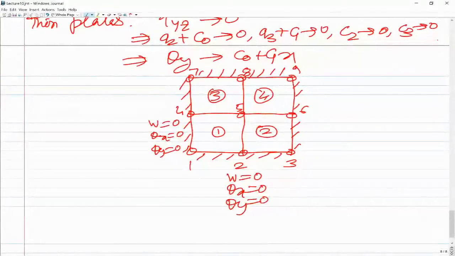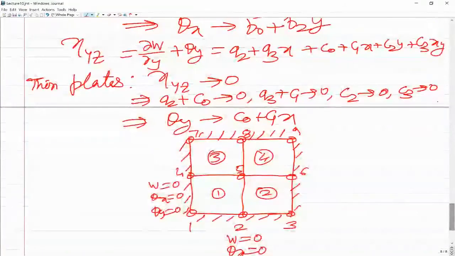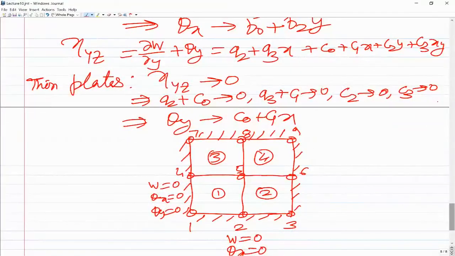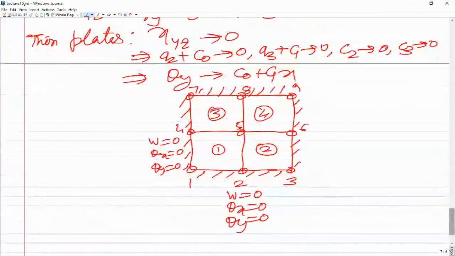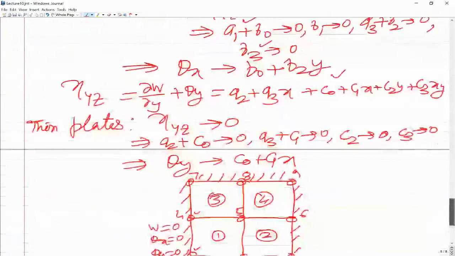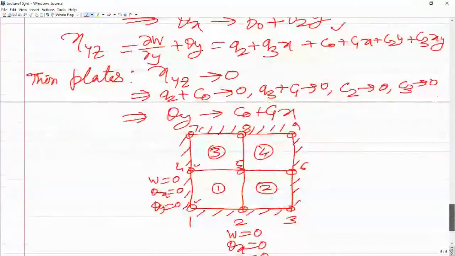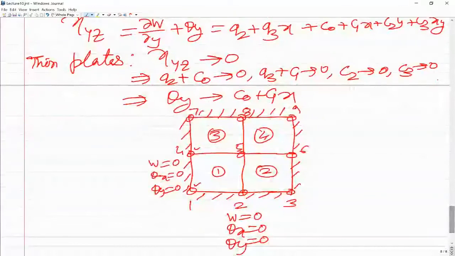Now theta x, we said, because of the thin plate constraint, becomes linear in y and constant along x. Since theta x is 0 here and 0 here, these two constants, b0 and b2, will be 0. So you will find that theta x and theta y will be 0 everywhere within the element.